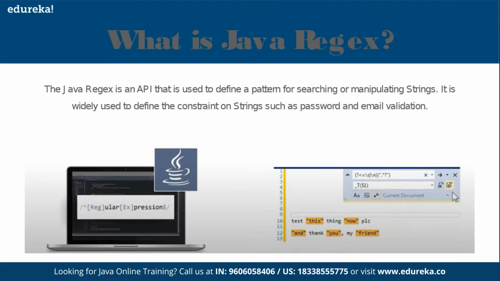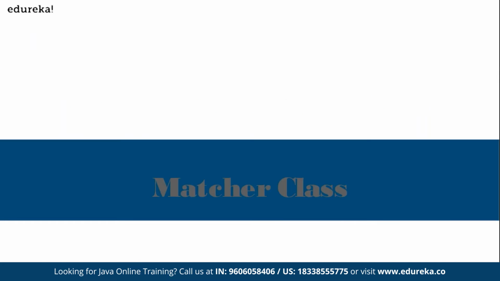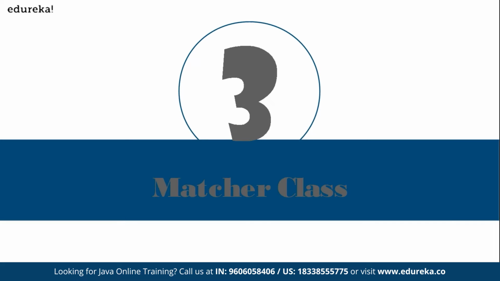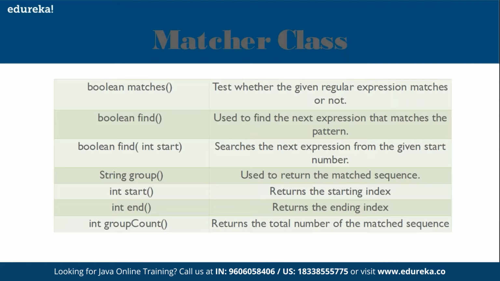The first one which we are going to discuss is the matcher class. So what is this matcher class all about? This class is used to perform match operations on a character sequence. We have the table which you are able to see. The table represents various methods of the Matcher class. We have boolean matches, which tests whether the given regular expression matches the pattern. Boolean find is used to find the next expression that matches the pattern.